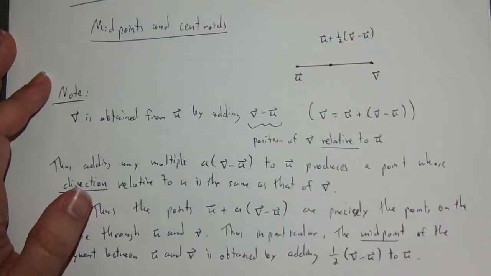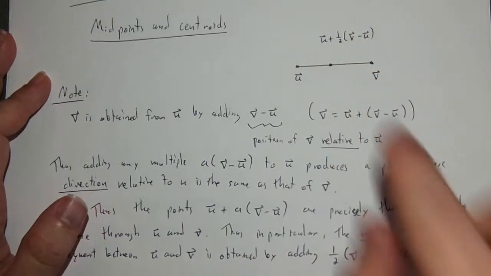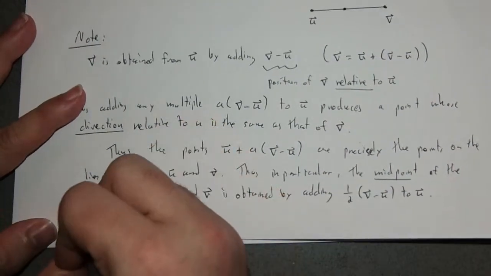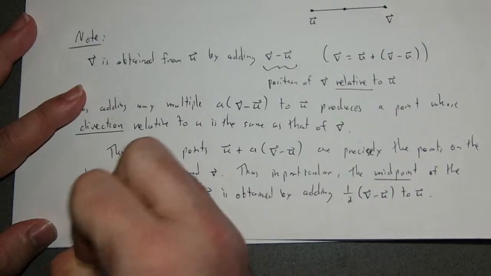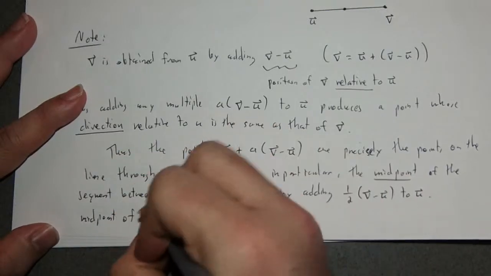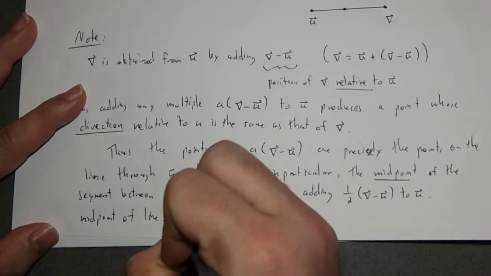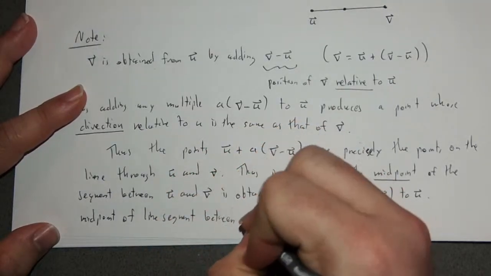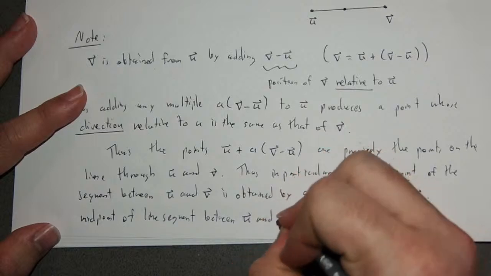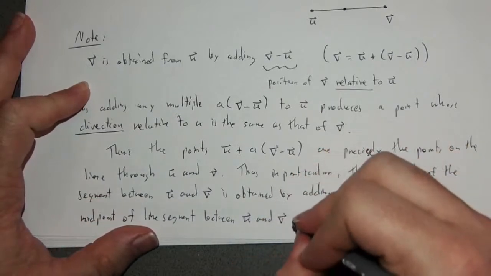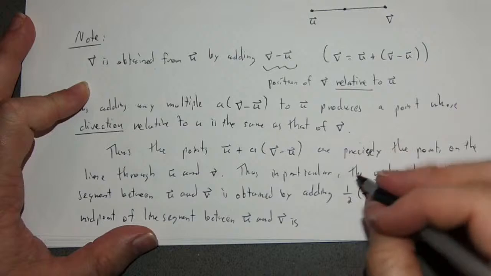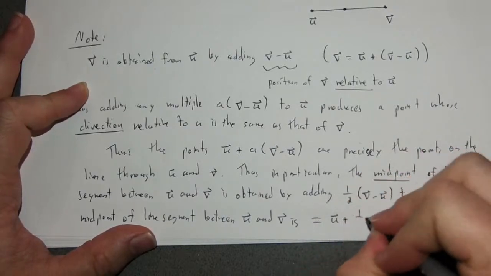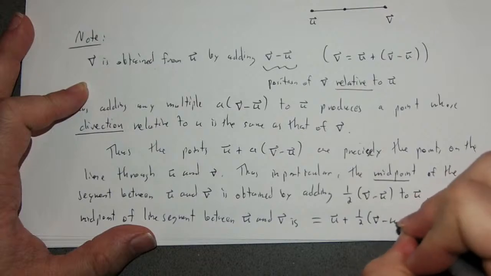But what is this? Right? This is actually, well, let's just rewrite it here. So midpoint of line segment between u and v is equal to u plus 1/2 v minus u.